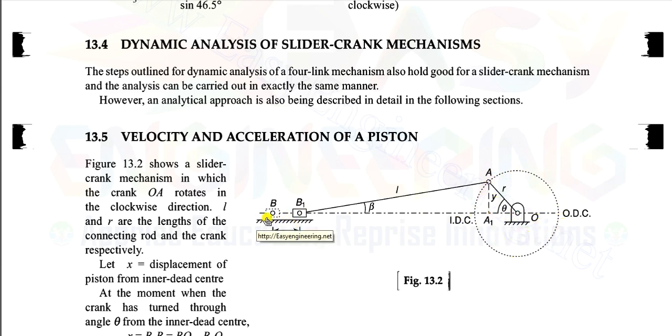Then how many strokes will it cover? When this A is here, this B will be at the extreme position on this side. After turning, when it comes here, it will come to this side. So that is 1 stroke. And from here to here, it will again go from this extreme position to that extreme position. So in one revolution we have two strokes, and both are working strokes.